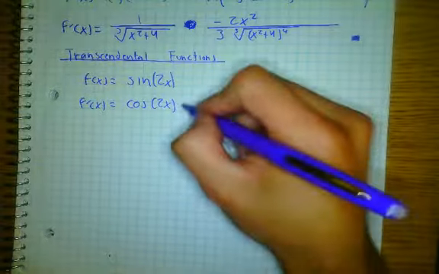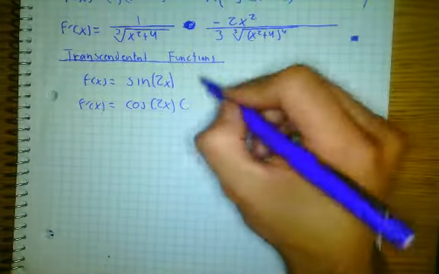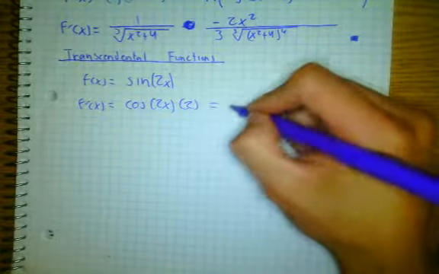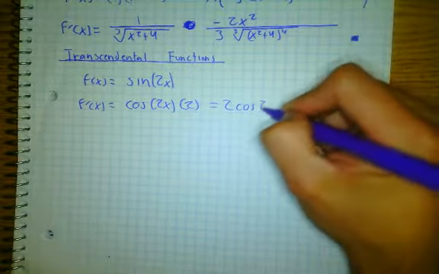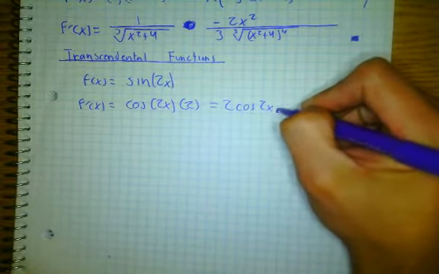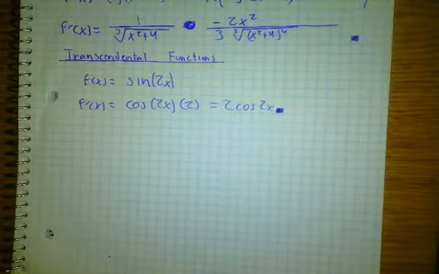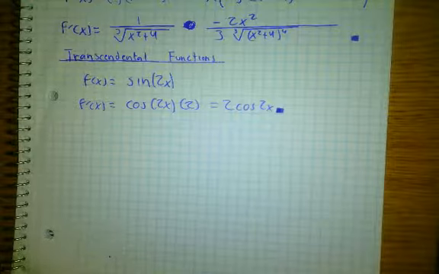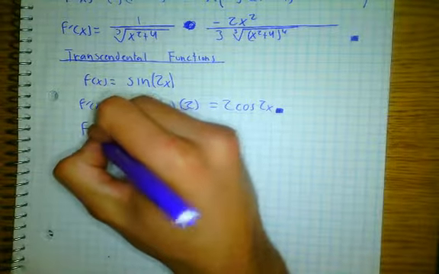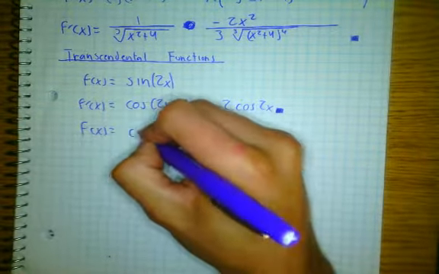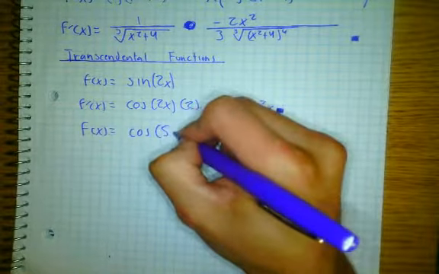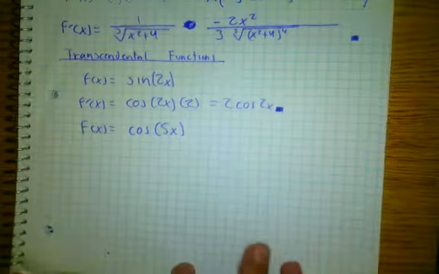Multiply by the derivative of the inside function. So in this case, it's going to be 2 cosine 2x. Cool? Alright, let's try another one that's just basic. F of x equals cosine of 5x. Cool? Just basic.